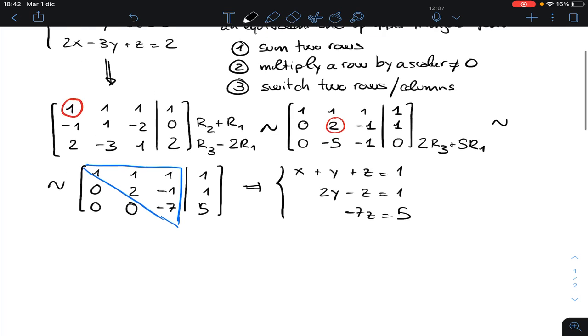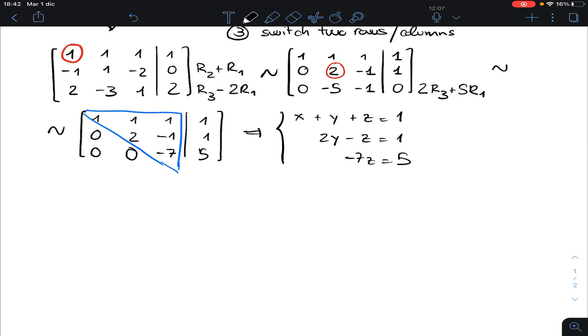The reason for this is that, concentrating on this linear system, from the last equation you see that z is minus 5 over 7, simply by dividing both members of the equation by minus 7. And now you may use this z and put it in the previous two equations.